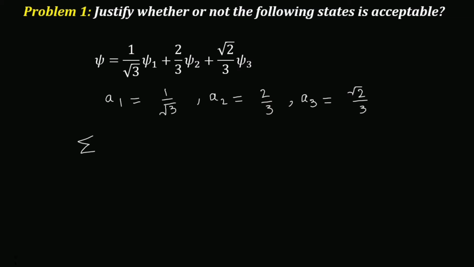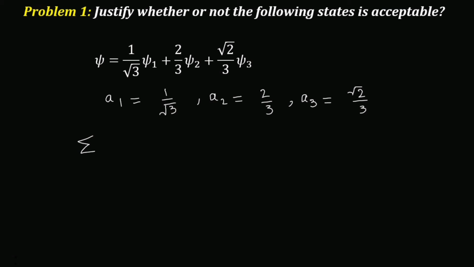There are a lot of functions in mathematics, in calculus we study, but every function does not represent a wave function. Yes, of course, a function can be a wave function if this condition of the principle of superposition, the sum of ai absolute square is equal to 1, is satisfied.